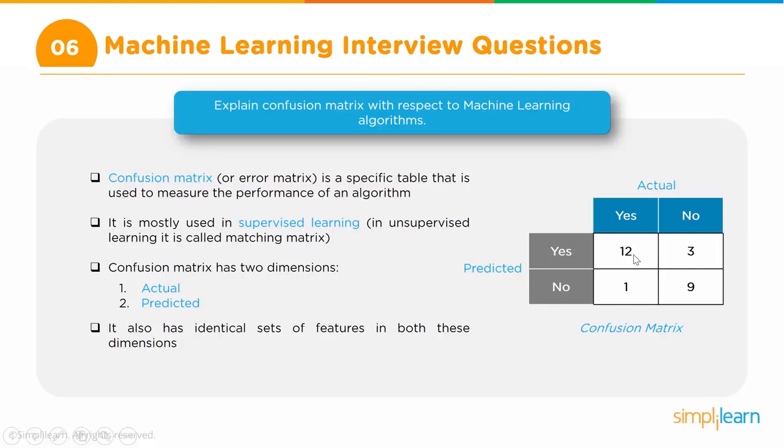Out of this, what is the meaning conveyed here? There are 2 or 3 things that need to be explained outright. The first thing is, for a model to be accurate, the values across the diagonal should be high, like in this case. Number two, the total sum of these values is equal to the total observations in the test data set. In this case, 12 plus 3, 15, plus 10, is 25, so we have 25 observations in our test data set.